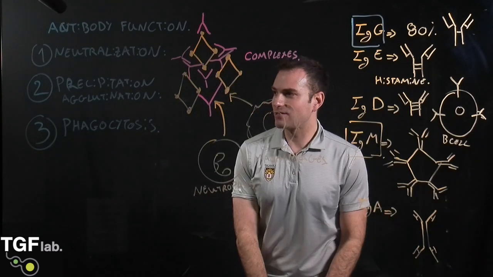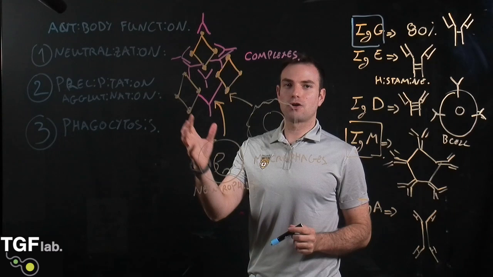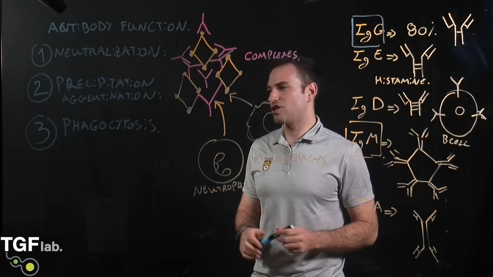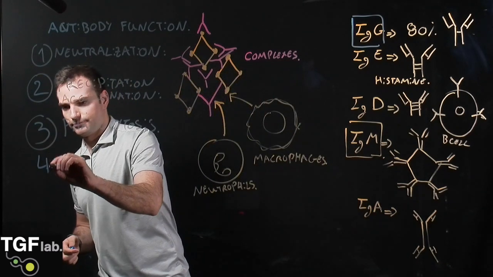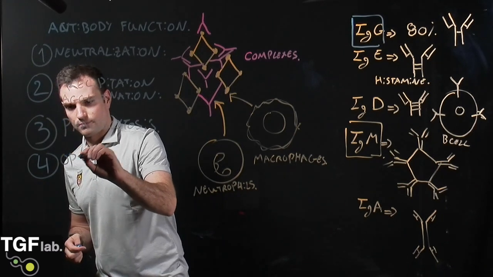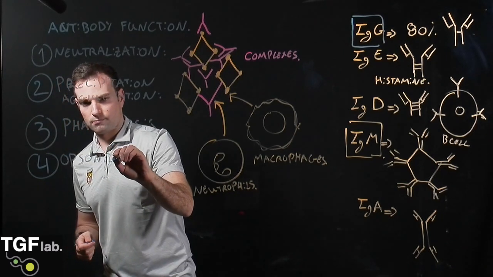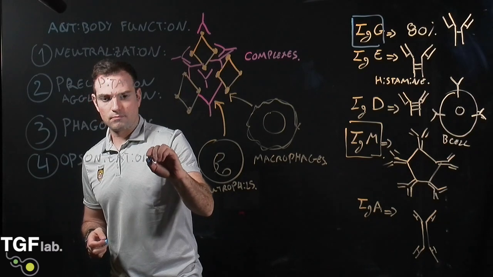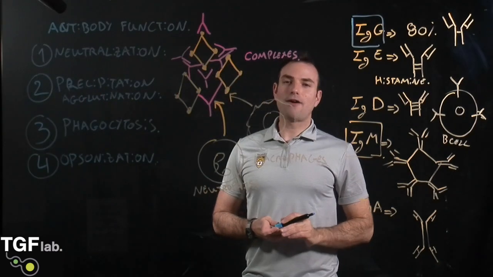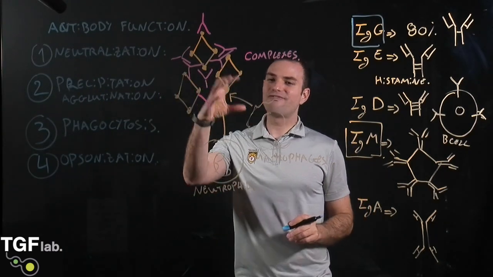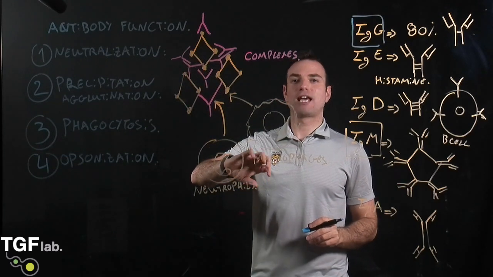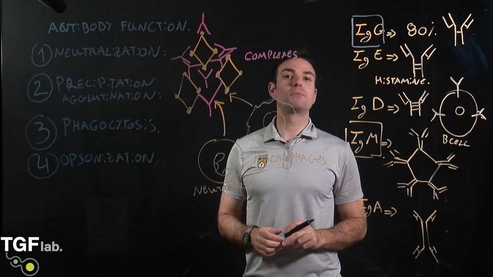Then, very related to the process of phagocytosis, we have the function of opsonization. The presence of the antibodies is going to facilitate the process of phagocytosis, and this is what opsonization means.